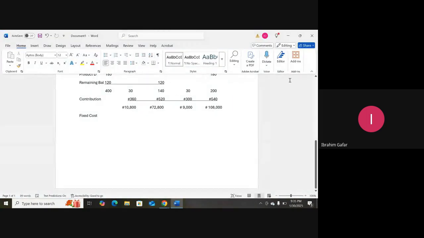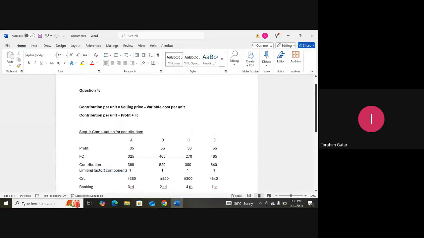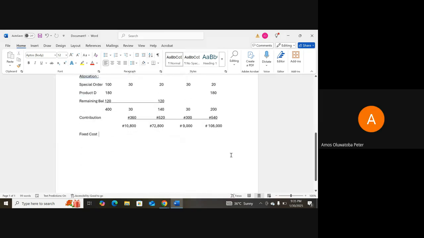Then fees production cost of 180, selling and administration cost 145. The two are fees cost. If you look at this place, they said all the selling and administration costs are fees. So it means that not only fees production cost is there, 180 and also 145, 240, 225. I think we've already computed that one here so that we can pick it straight away. Our fees cost for A, 325. Are you with me? Yes, sir.